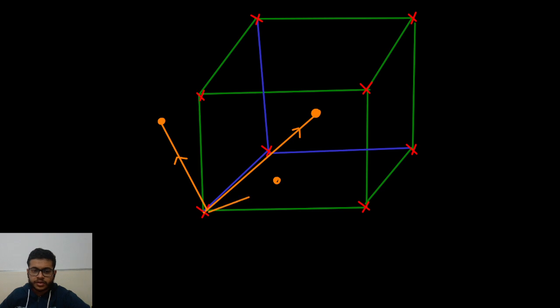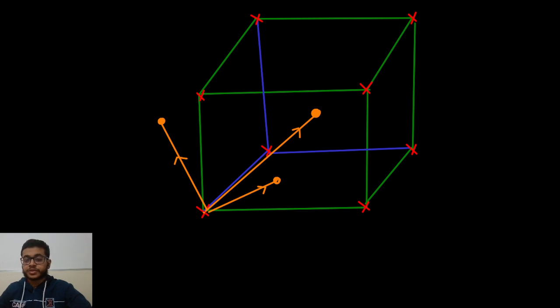So these are the unit vectors, because if you look at these unit vectors, you'll see that they make a parallelepiped in which there is only one lattice point.